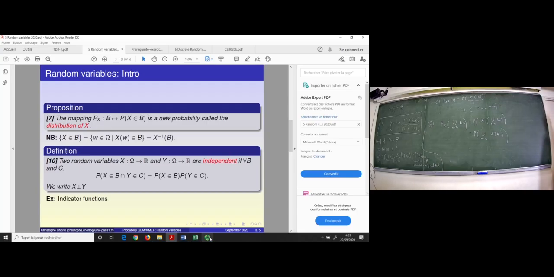If I want to use this one, I have just to be sure that this one is a sequence of pairwise disjoint sets. Okay? If I want to write that the probability of the union is equal to the sum of the probabilities here, since P is a probability, I have to check that X minus 1 of Bn is a sequence of pairwise disjoint sets or not.